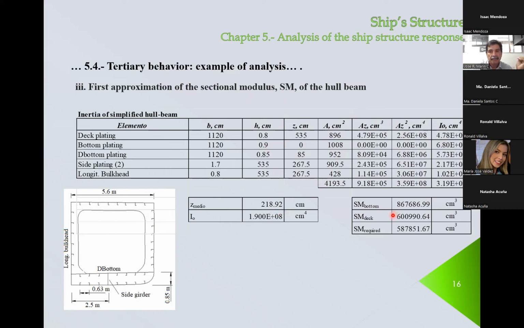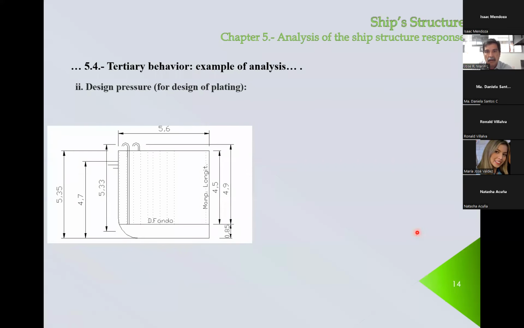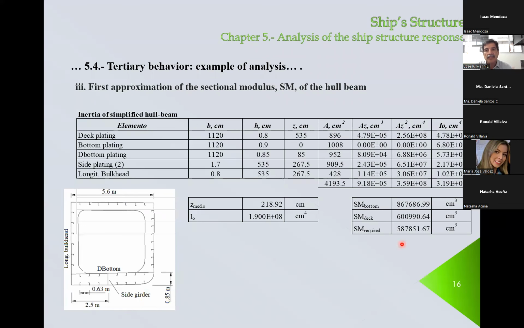Then here, this is the result. The required value is 588,000. Here it is more precisely 588.8. And this is the result, 600,000, including this formulation. So this is just a little bit above that.